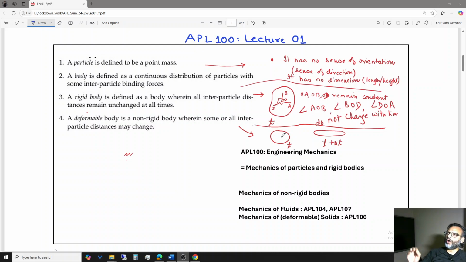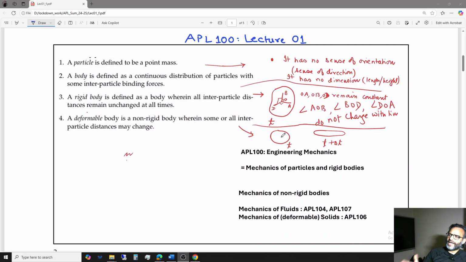Now, a solid body can be a rigid body or a deformable body, right? There are primarily 3 states of matter: solids, liquids, and gases. A solid object can be a rigid body, or maybe it may be a deformable body.